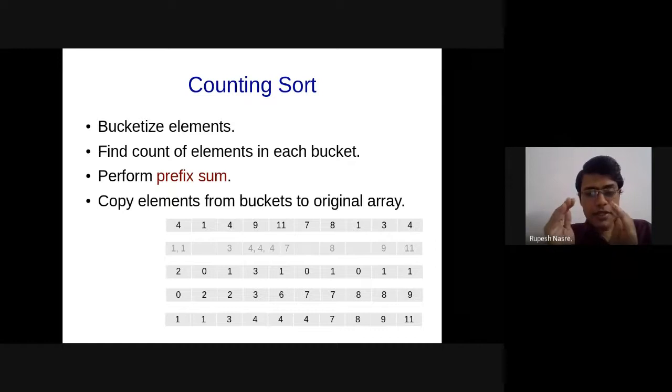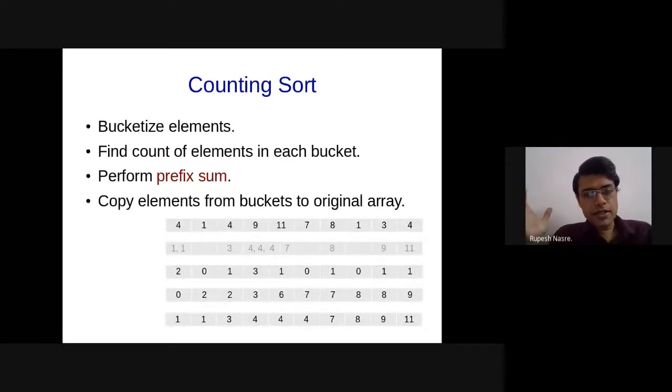Whether it is a 3-digit number or a 7-digit number, that is going to start coming into the picture in these algorithms. So in this case, not only is the storage space order max element, but also the processing needs to be order of max element, because I'm going to go over the whole array wherever there is 1. So therefore it doesn't turn out to be order of the number of elements.